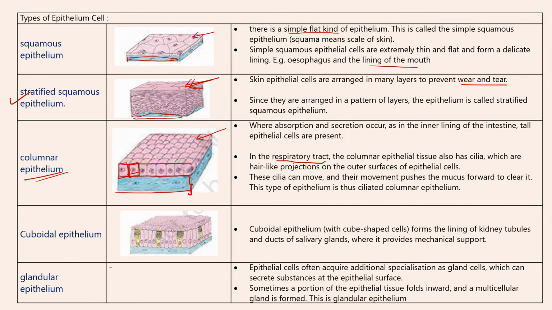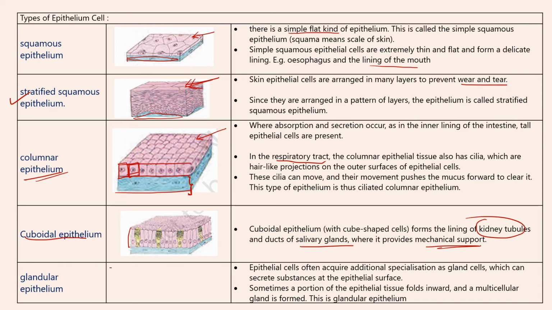As the function of epithelium cells varies, their shape also varies. Now cuboidal epithelial cells are in the shape of a cube, and this cube shape is found in the kidney tubules and in the duct of the salivary gland, where they give mechanical support to the kidney tubules and glands.